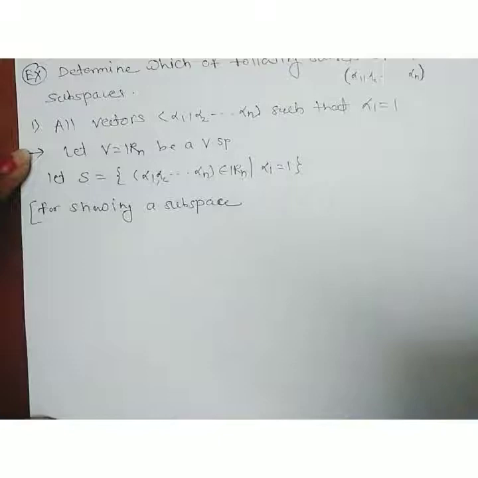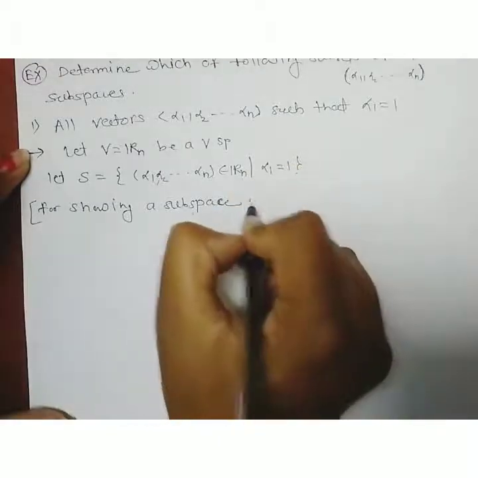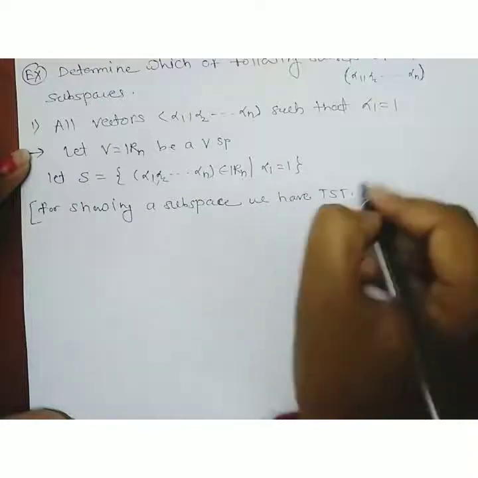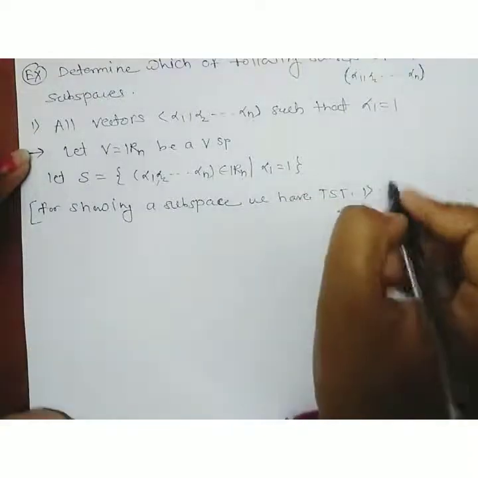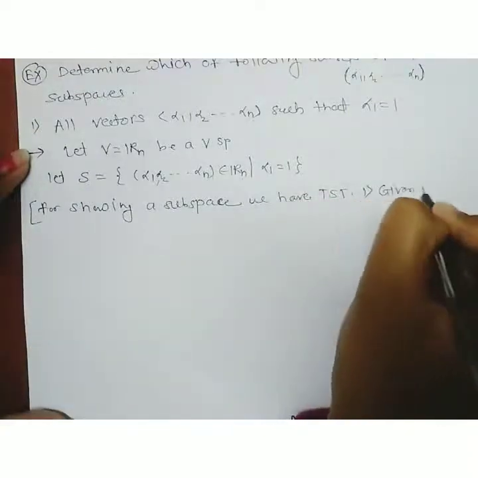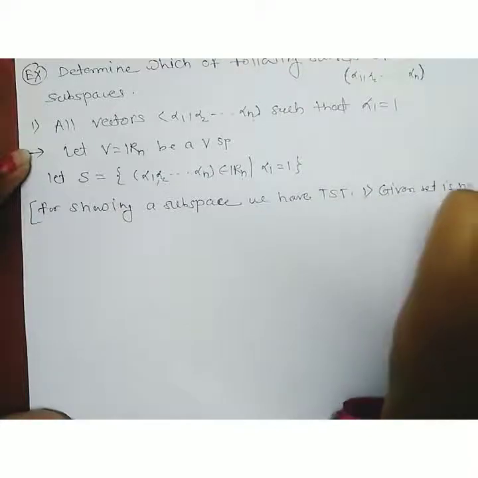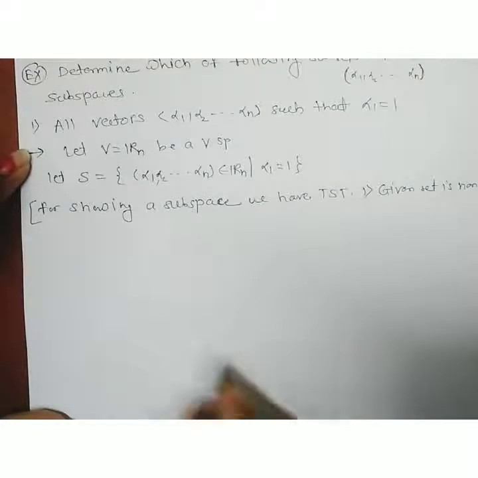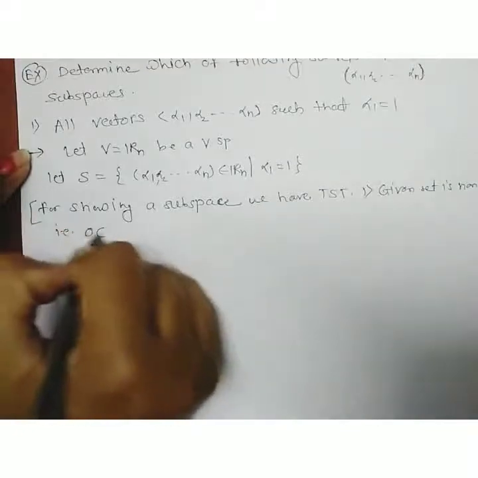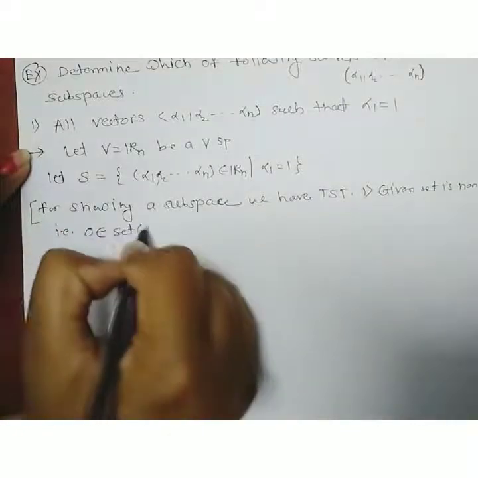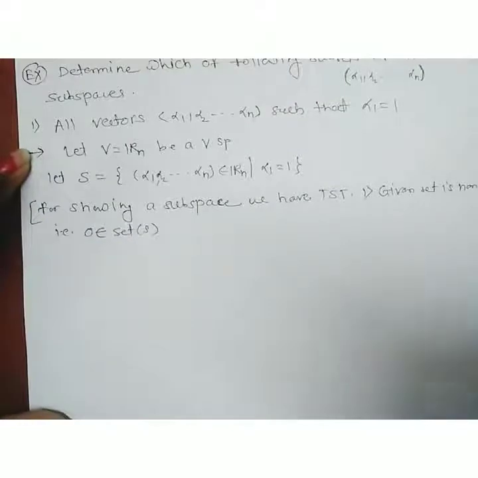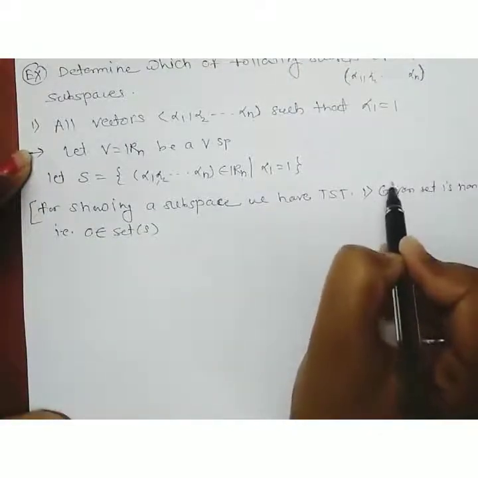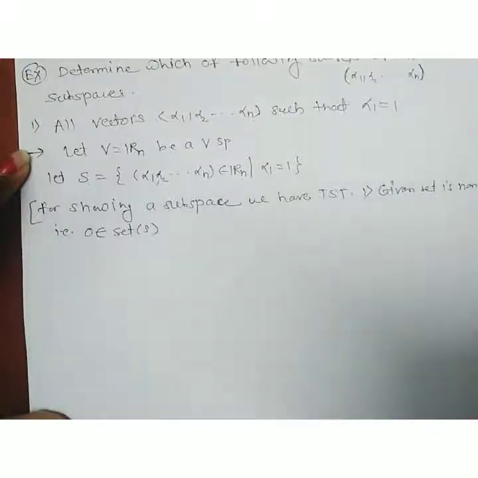For showing a subspace, first we have to show that the given set is non-empty, that is, the zero element belongs to that set S. This is a very important condition, and many sets fail this first condition.